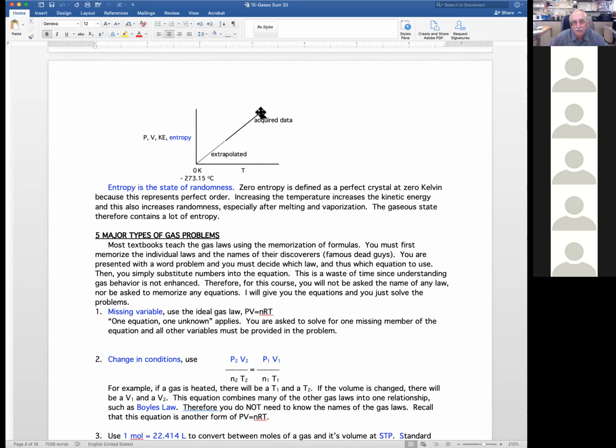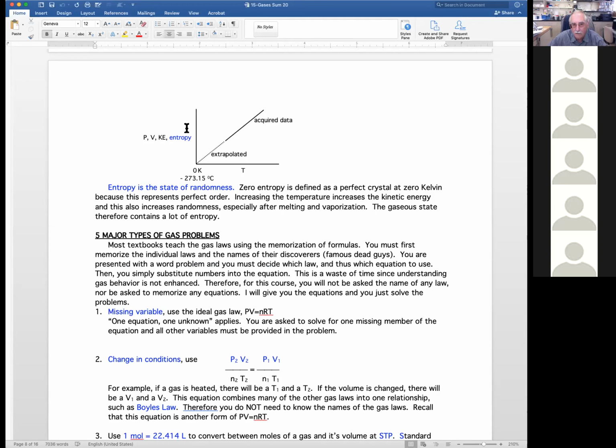But if I take this data and I extrapolate it out to wherever it goes, you know where it goes? No matter what the gas is, another gas might do this, another one might be doing that. They go to the same place every time, negative 273.15.